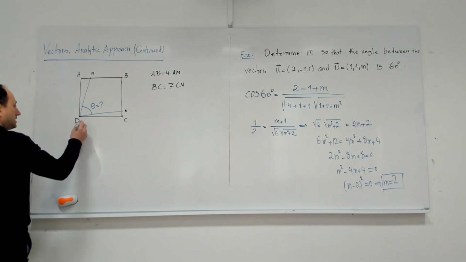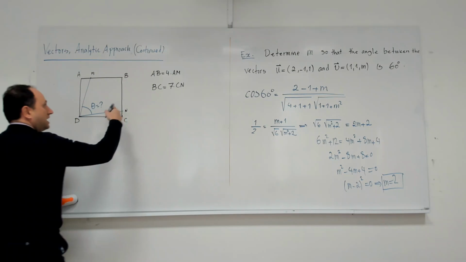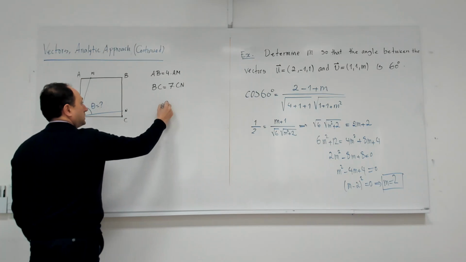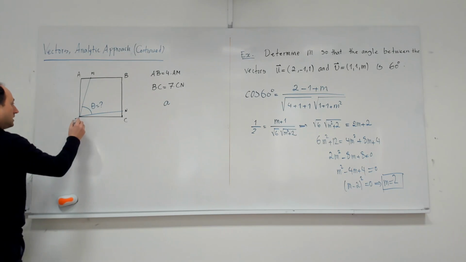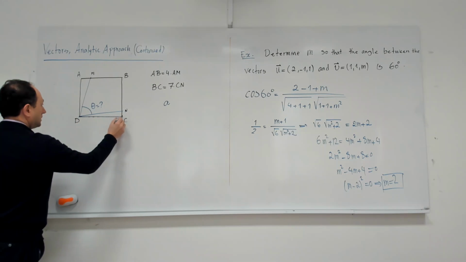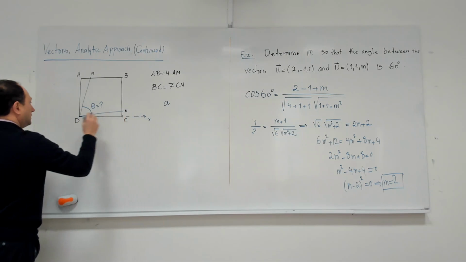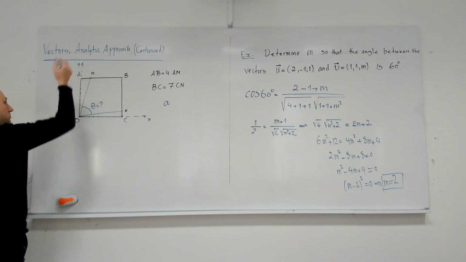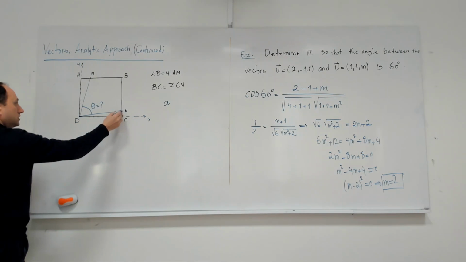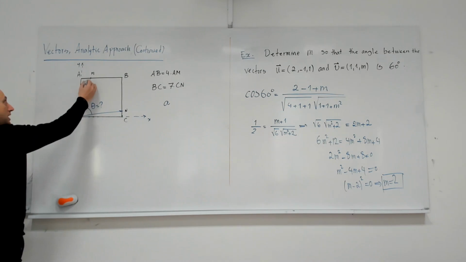So what he's saying is that you can consider the length of this square to be a, for example. And then you can imagine you have a coordinate system here. You don't need to draw it. And then you can consider this as a vector and this one as a vector.